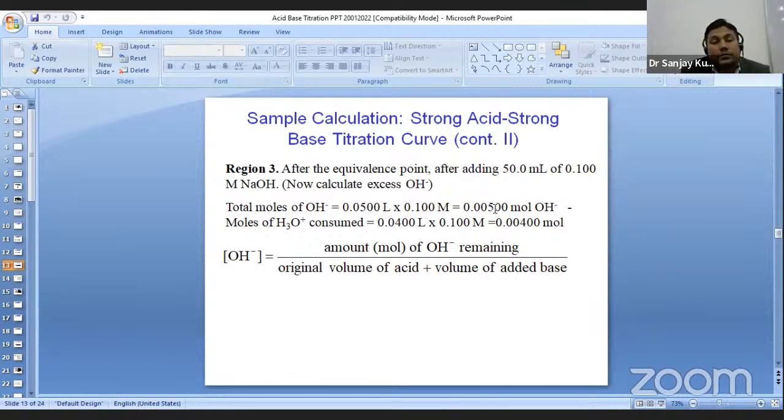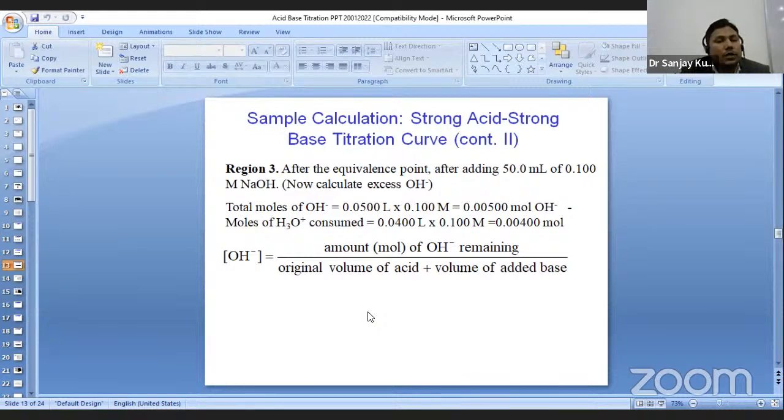In that case the formula changes, because after neutralization the solution converts into basic form. So the hydronium ion is converted into hydroxide ions, and the formula is the amount of hydroxide remaining divided by the original volume of acid plus the volume of added base.